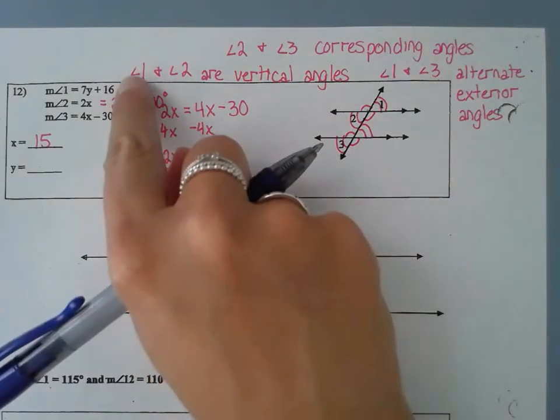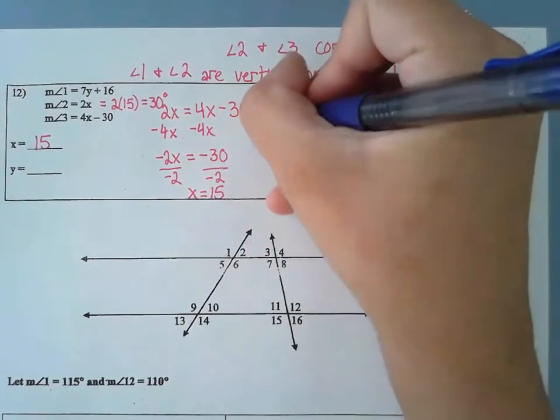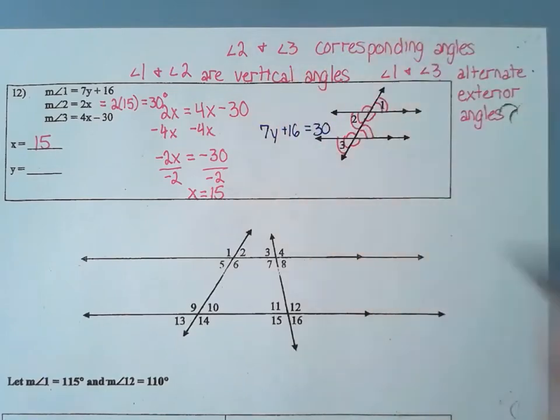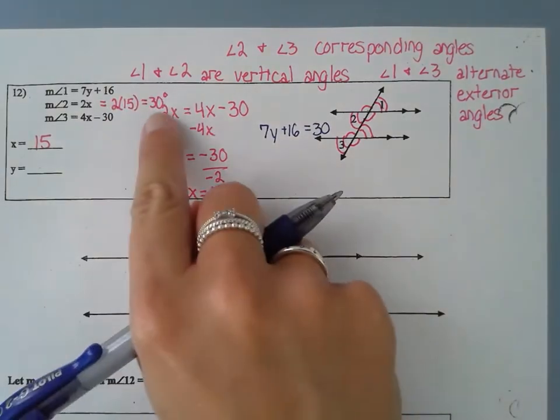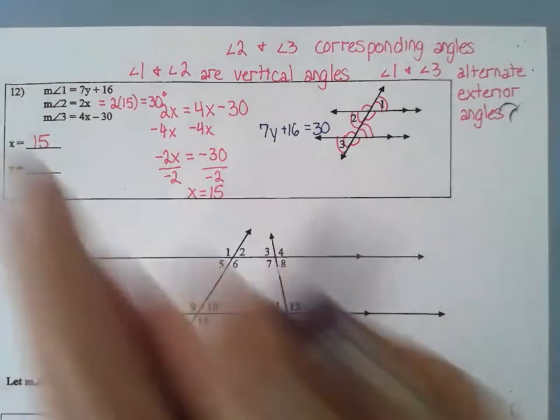So to solve and find out what y is, I can do 7y plus 16 equals 30. Because all of these angles are equal, and we can see here that angle 2 is equal to 30 degrees because we plugged in x.